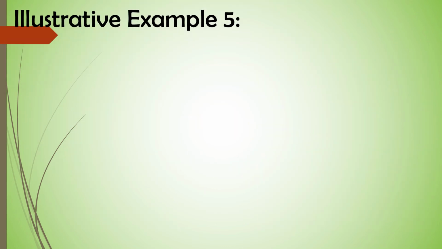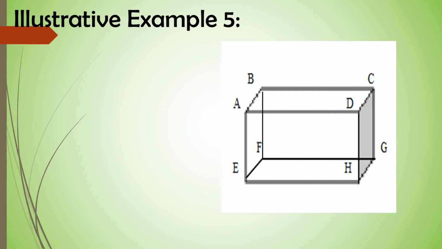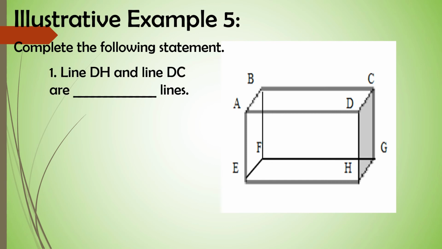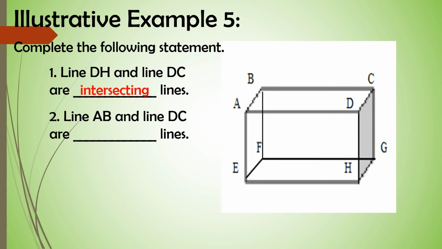Now let us have the last example. Given this figure at the right, let us complete the following statements. Number 1, line DH and line DC are blank lines. The correct answer for this is they are intersecting lines. Number 2, lines AB and line DC are blank lines.